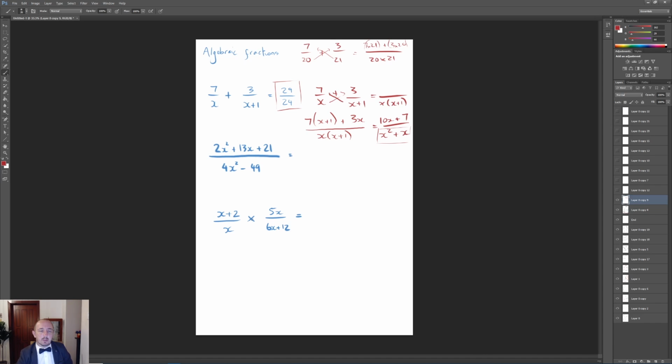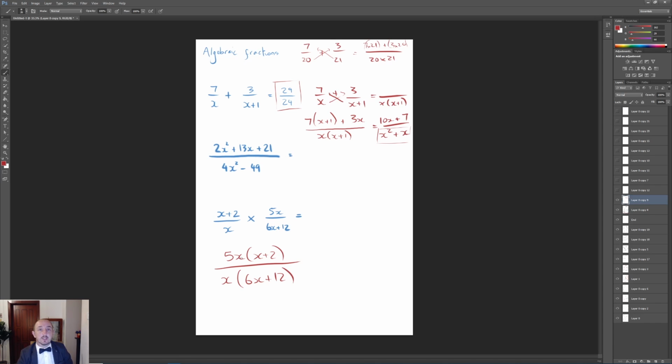Let's do some multiplying. Let's go to the bottom and actually multiply these two. Then we can, if we want to, down here, just do top times top like we do with any fraction. We have 5x brackets x plus 2. And on the denominator, we have x brackets 6x plus 12. Okay?